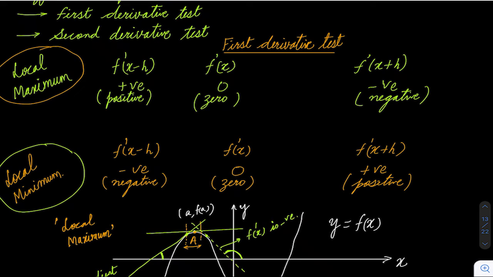At point A, f dash x is 0, and to the left of A, at x minus h, where h is a small positive quantity, the gradient should be positive, and to the right of the local maxima, the gradient should be negative.